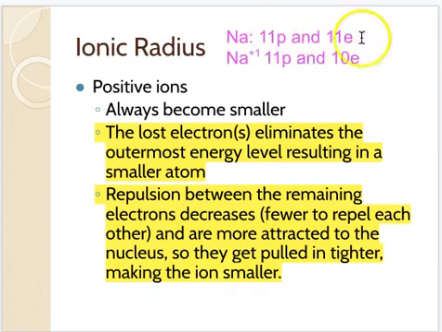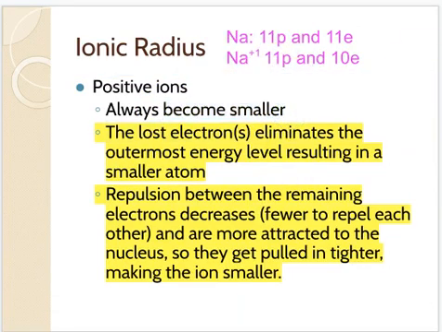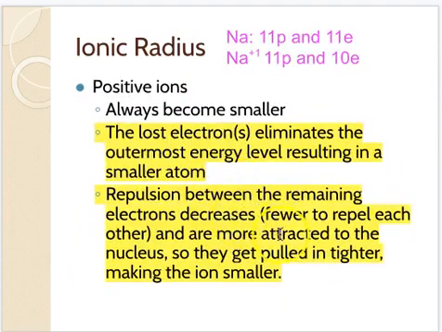So this neutral atom is getting 11 and 11. If you suddenly only have 10 electrons on the other side, these protons are able to pull that in towards it. And so our positive ion always is smaller than its neutral counterpart. The highlight is to help explain that. We're losing electrons, we eliminate that level, we get pulled in tighter, the ion is smaller.